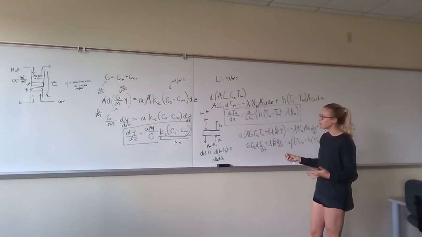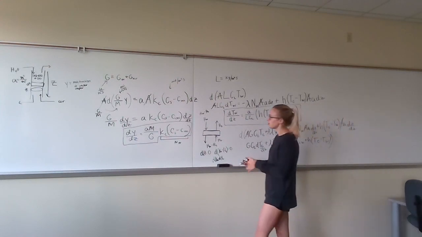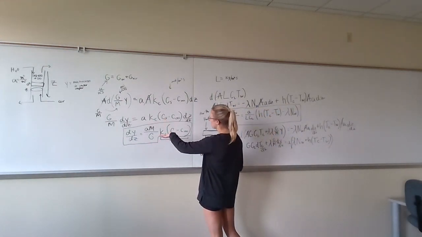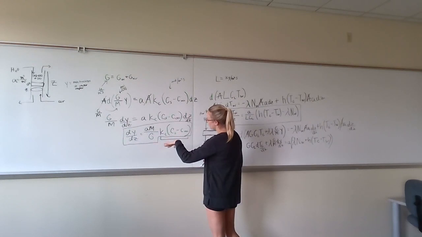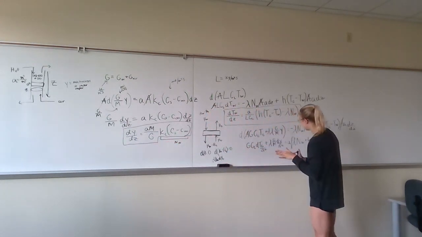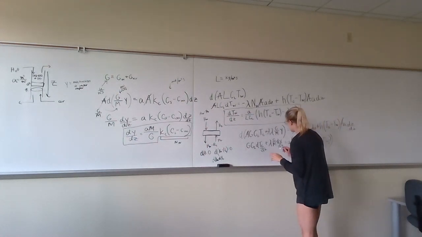So we can plug this in, and we see that this is equal to the specific surface area times the molecular weight divided by the gas flow rate times the molar flux of the liquid phase. So I'm going to set this in right here.